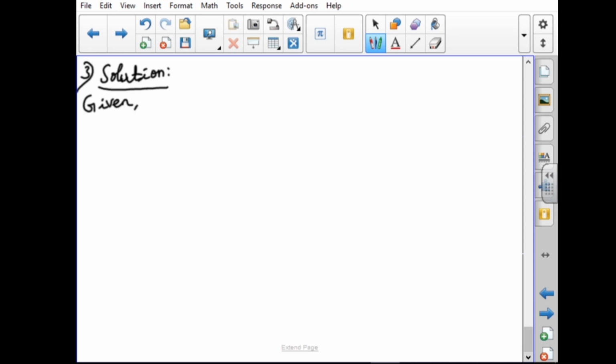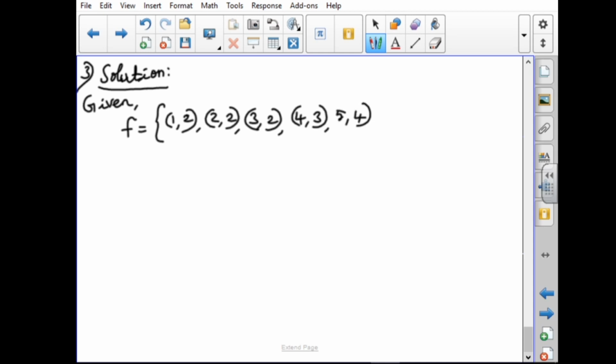Given f equal to 1 comma 2, 2 comma 2, 3 comma 2, 4 comma 3, 5 comma 4. The first one we have to draw that arrow diagram.